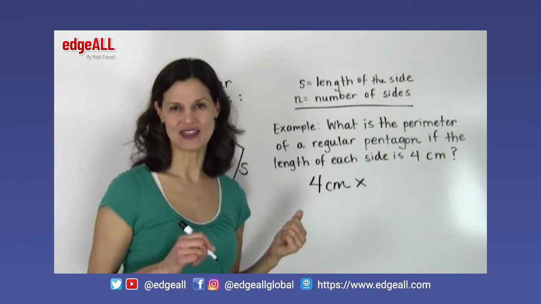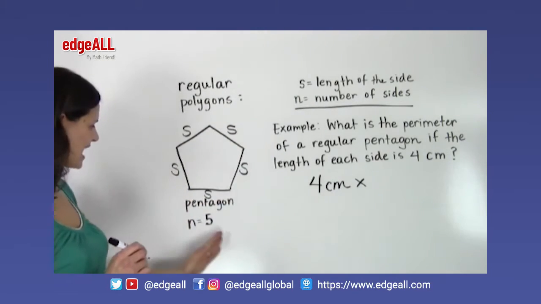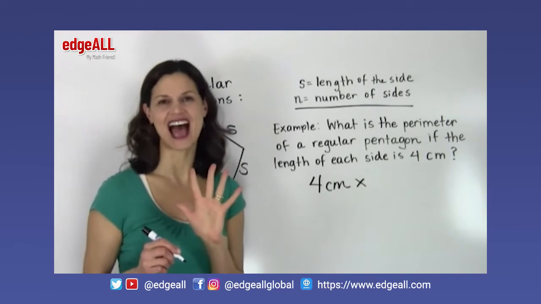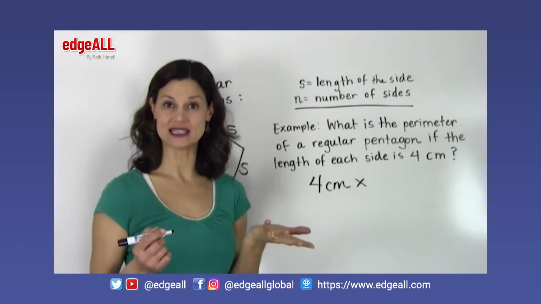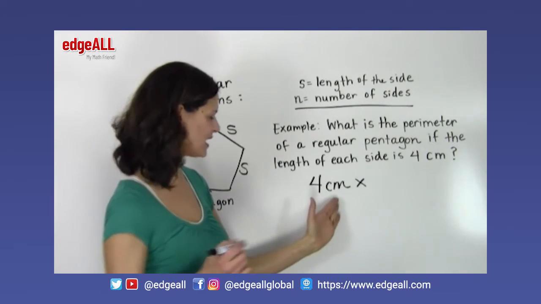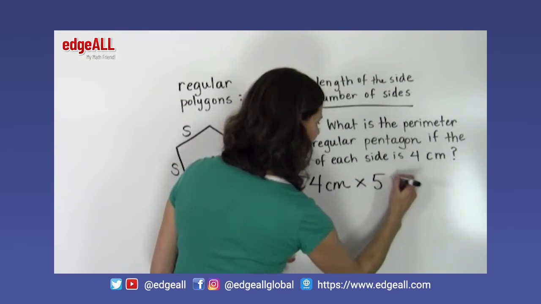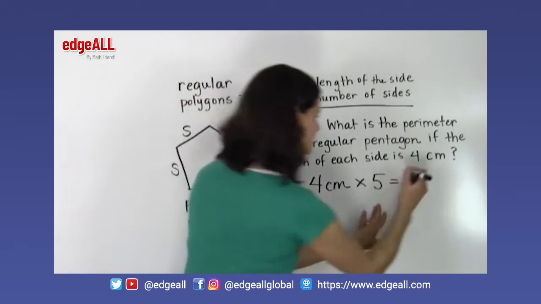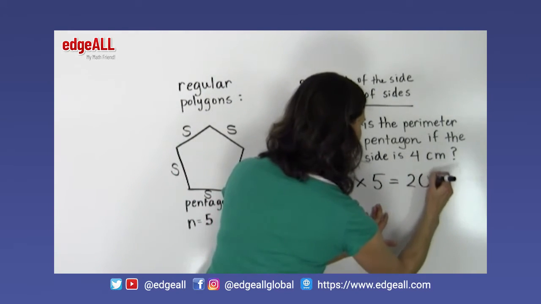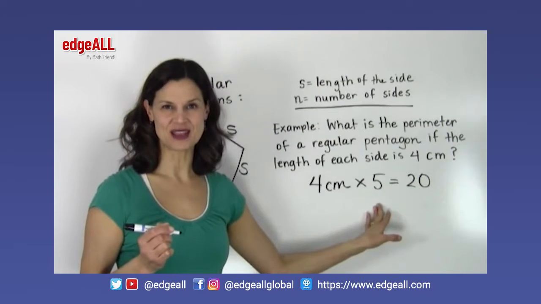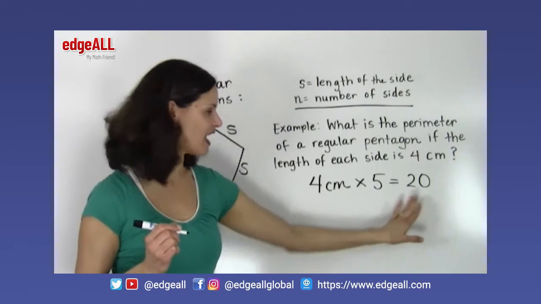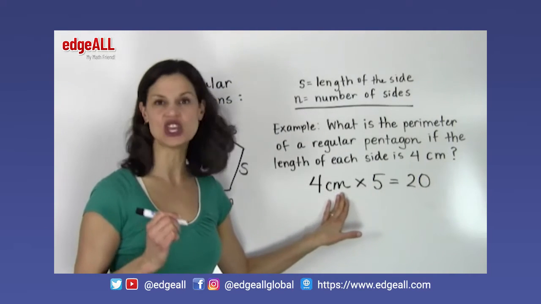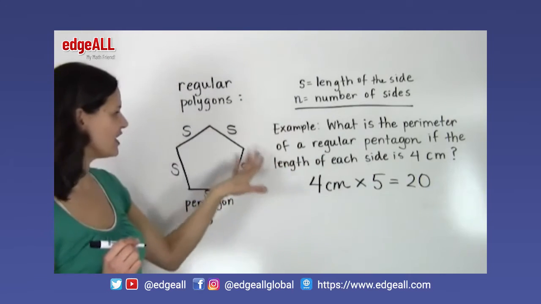In this polygon that we're working with, since it's a pentagon, it has 5 sides. And so we simply need to multiply our 4 centimeters times 5 to tell us what the perimeter is. 4 times 5 equals 20. And remember though, whenever we're working with measurements, we need to make sure that our answer includes the unit of measure that we have in our problem.